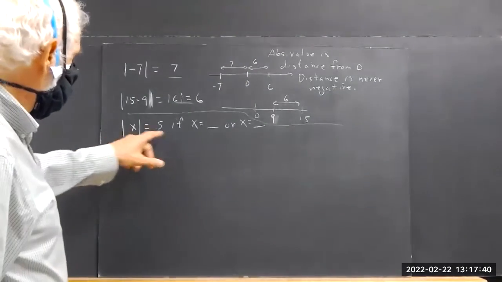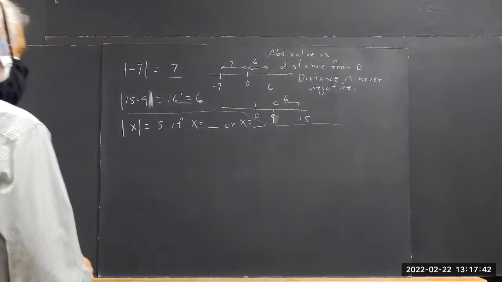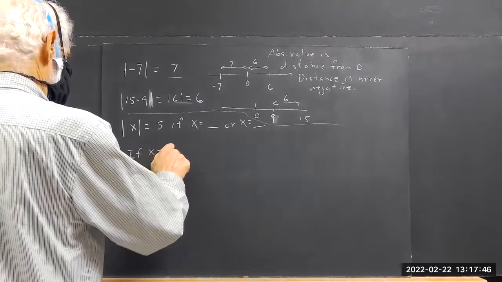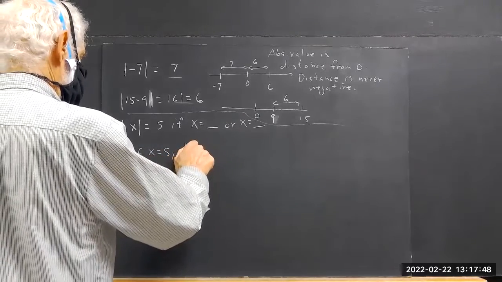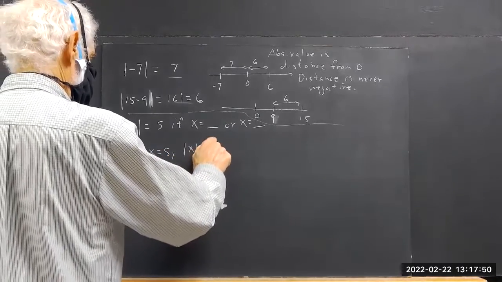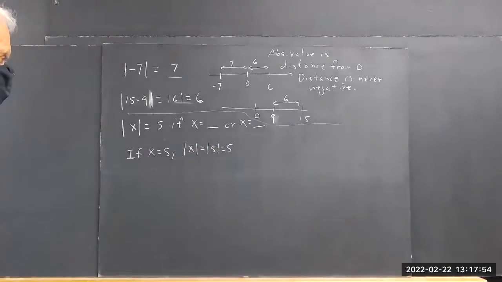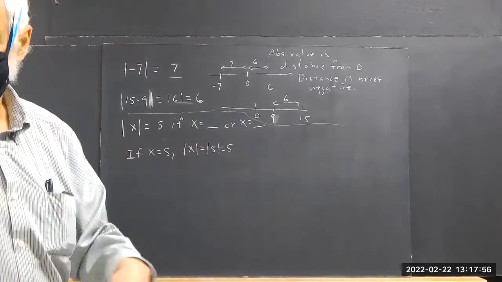So, absolute value of x equals 5. Well, if x is 5, the absolute value of x is the absolute value of 5, that's 5.